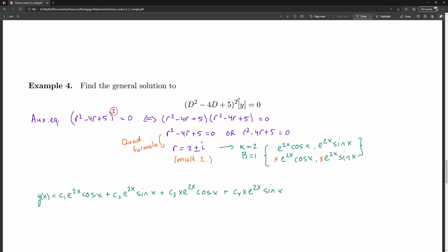But notice that we square it here, and so if you would actually FOIL that out, multiply that out, you see that this is D to the power 4 plus a bunch of lower order powers of D. So this differential equation is order 4, and so we need 4 coefficients, which we found here.